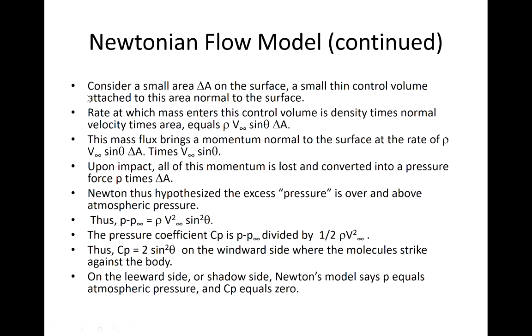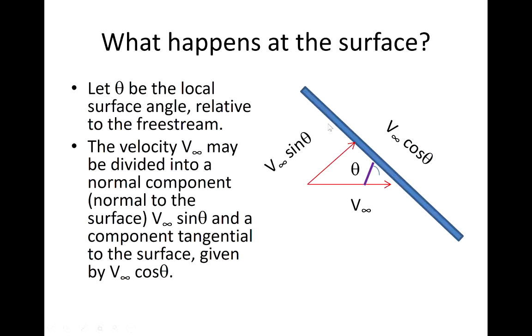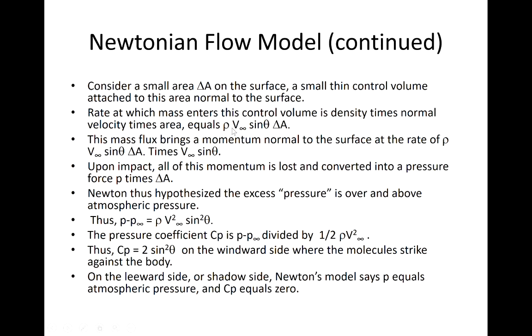So let's take a small area delta A on the surface. How much is the flow entering a control volume normal to that surface? The flow will be rho infinity times the normal component of velocity, v infinity sine theta, times the delta A. Density times velocity times area is the mass flow rate entering the control volume.